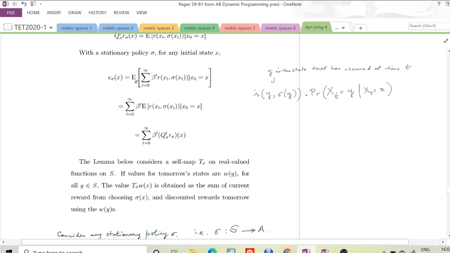Okay, and I must add over all states y that can occur, right? So notice that I'm doing this at a certain time t, so things are finite, right? Things are finite.